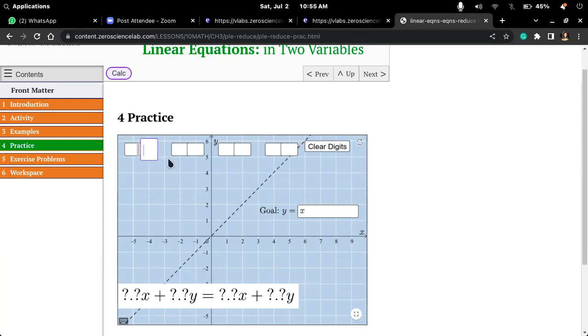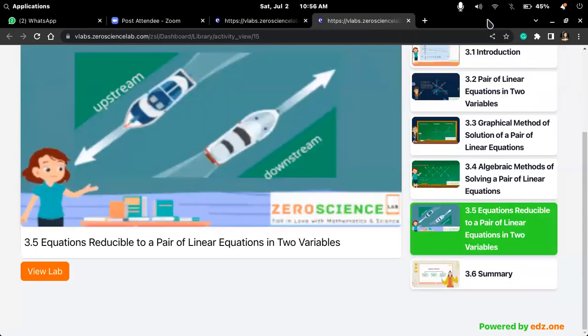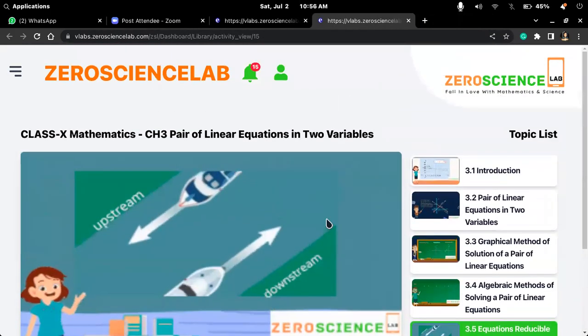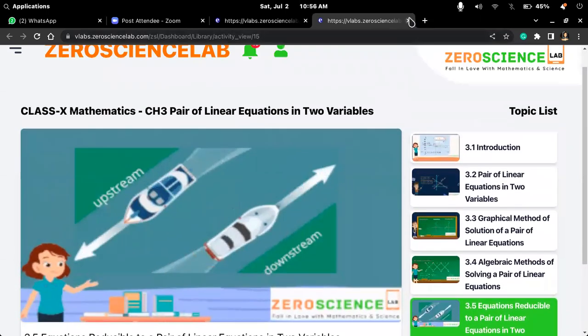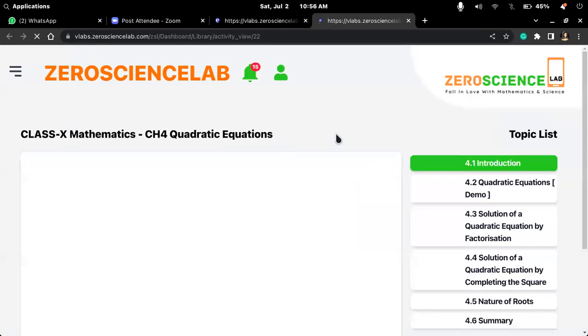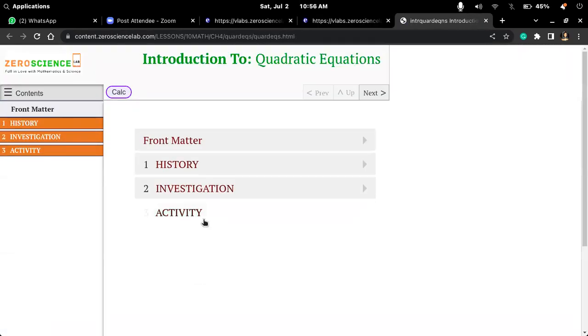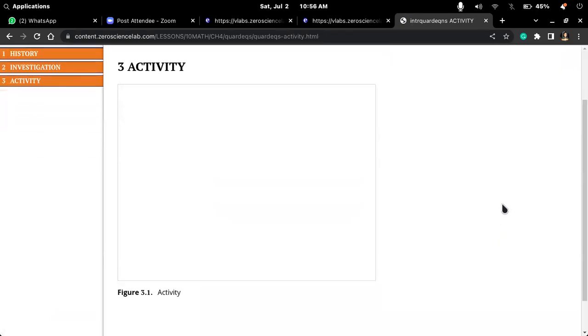So here you can define any pair of linear equations and then it produces the solution. That's an extra activity that we provided. I'm going quickly because of the time factor, so I'm not going into much detail.